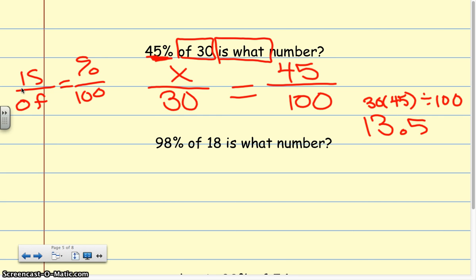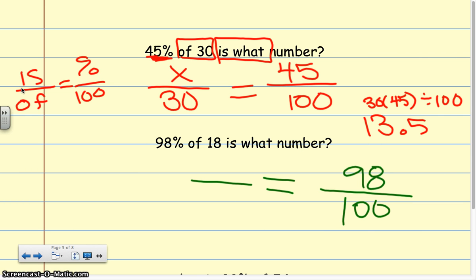All right. 98% of 18 is what? So, make my little skeleton. Here it comes. 100 goes on the bottom. 98%, where does 98 go? Top, right? Of 18, where does 18 go?